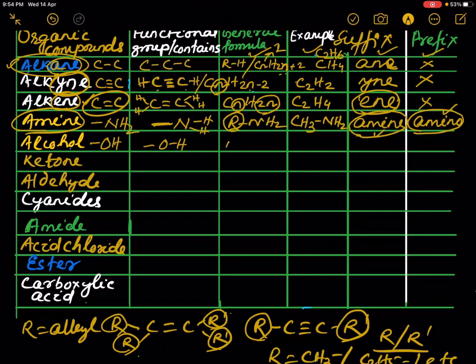You can write ROH or you can write CnH2n+1OH. R may be a methyl group, ethyl group. Let it be CH3CH2OH. Suffix for alcohol is ol. Prefix for alcohol is hydroxy.